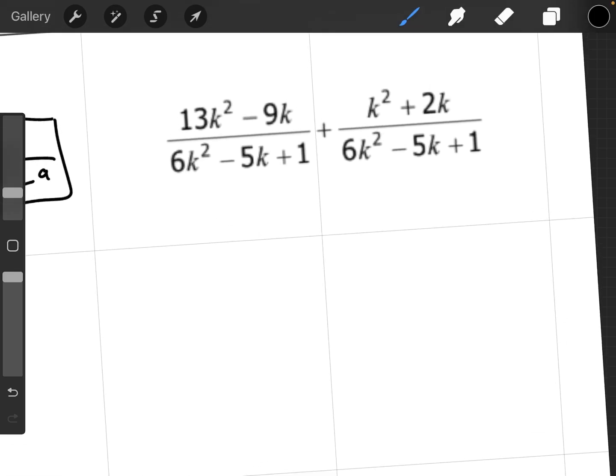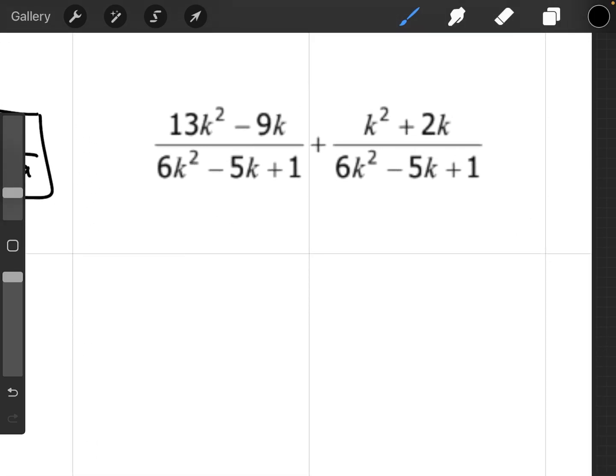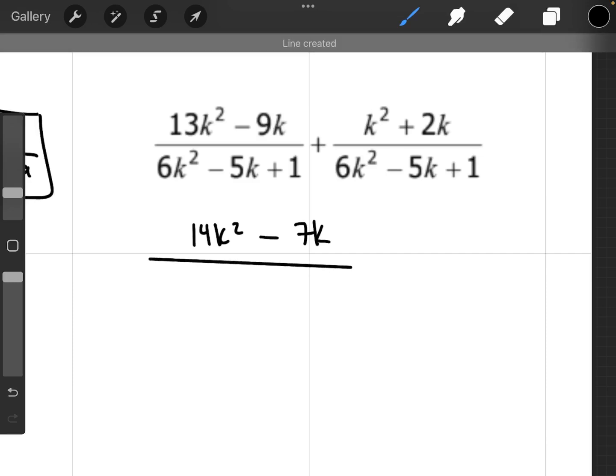For the second example, we still have the same denominator here, so we can focus on the numerators. 13k squared plus k squared is 14k squared. Negative 9k plus 2k equals 7k.